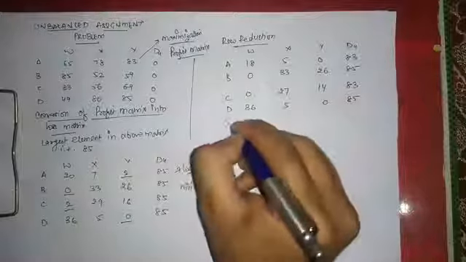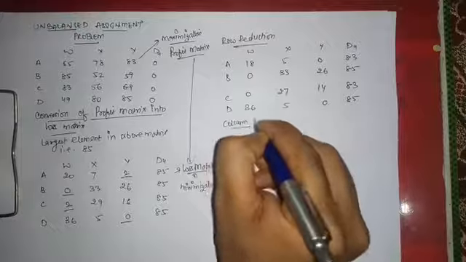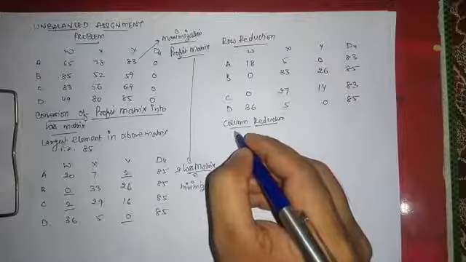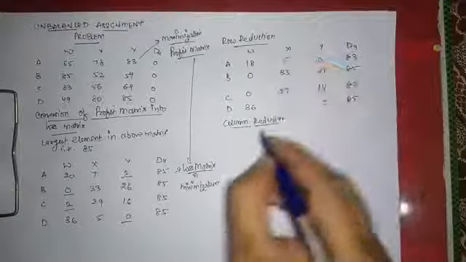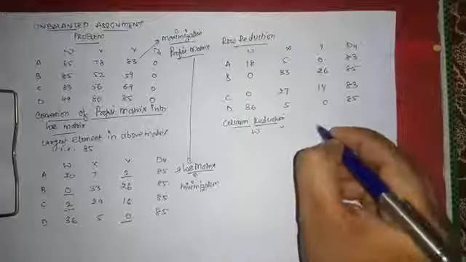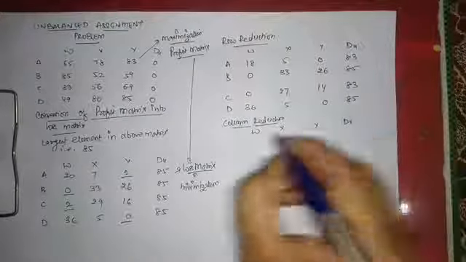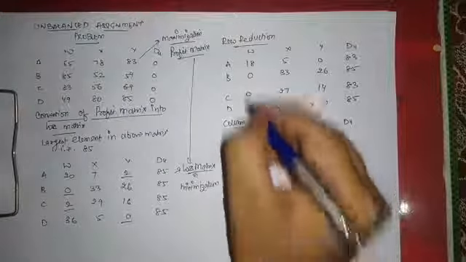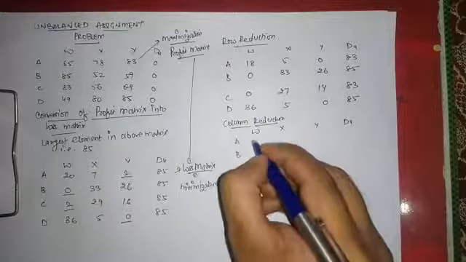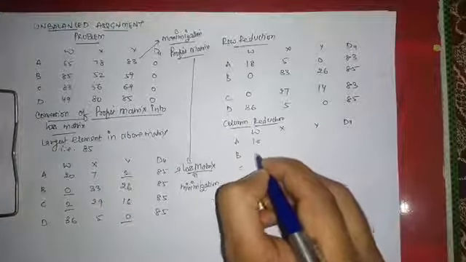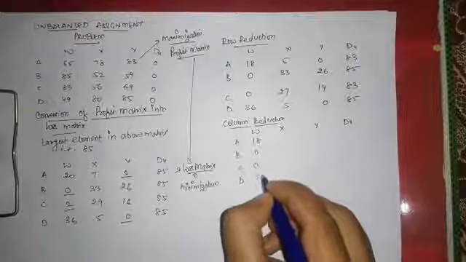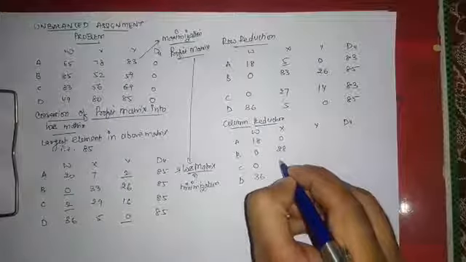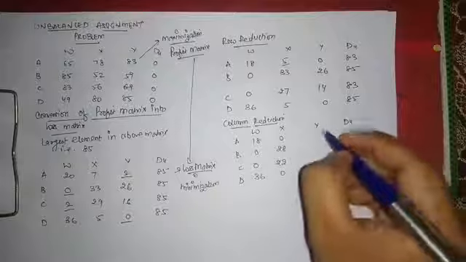Now we will do the column reduction. So here it is. Let's see whether each and every column has a 0. No, we don't have. So W, X, Y, D and A, B, C, D. The first column has a 0, so the values will remain the same because 0 is the minimum element: 18, 0, 0, 36. 5 is the smallest element in the second column: 0, 28, 22, 0.